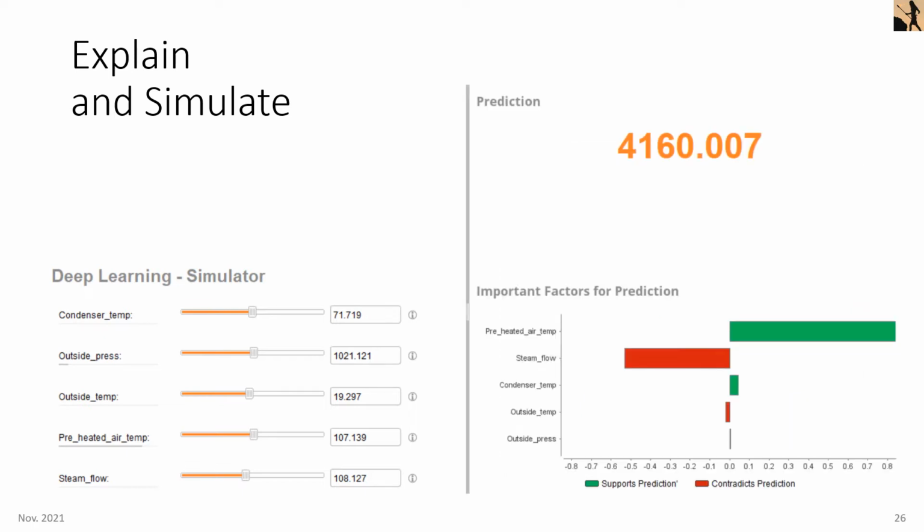When the parameter value is like this, they will tell you the predicted yield is 4,000 something. Remember, green means this particular feature is a supporting feature, and this red one here says steam flow is actually contradicting. It has a negative impact on the final value.